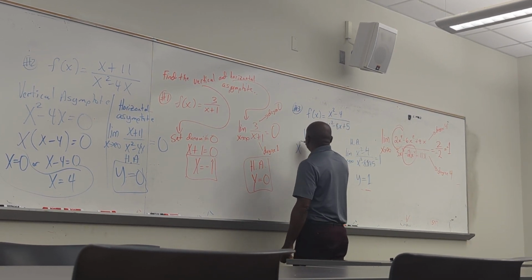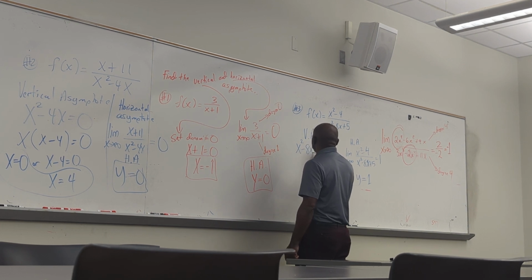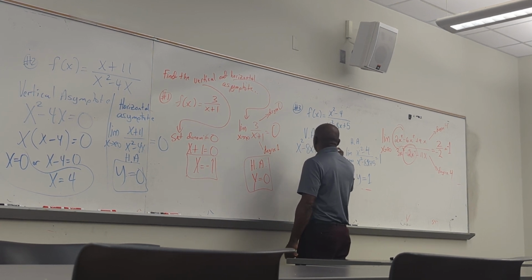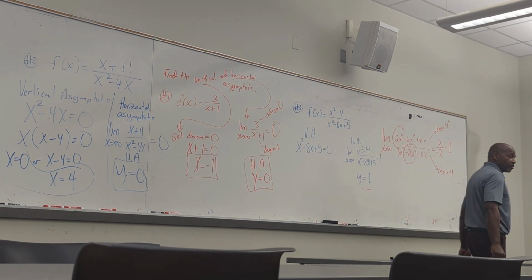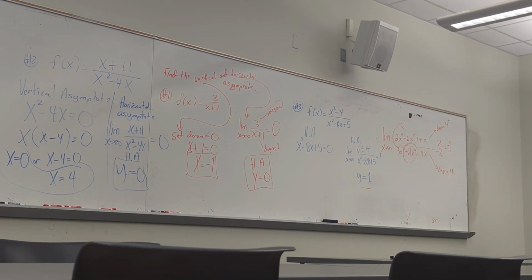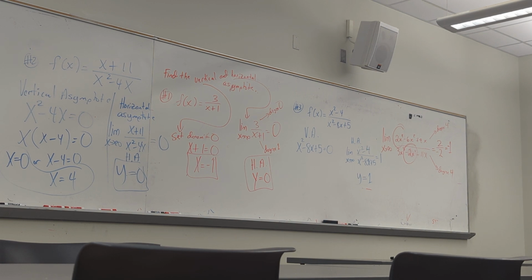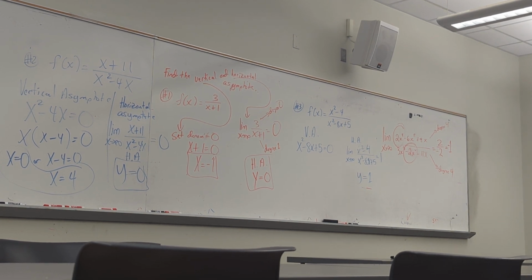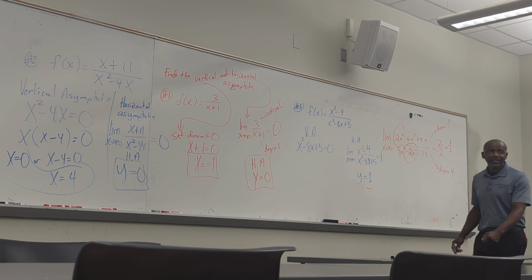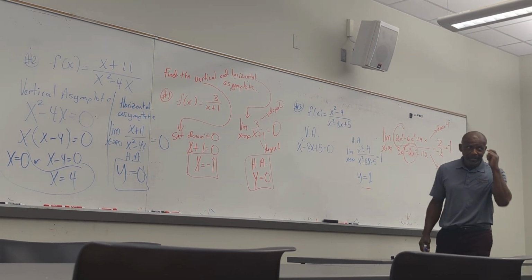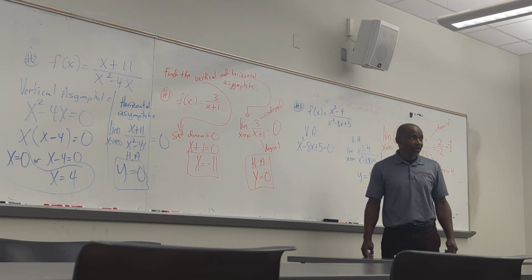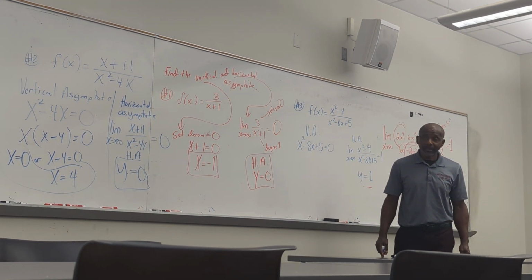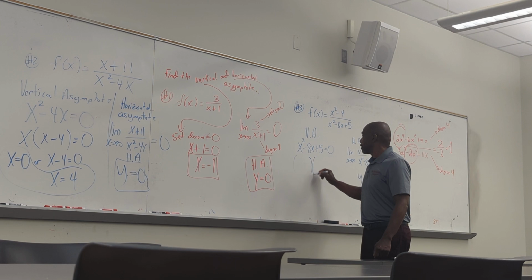That's when we say x squared minus 8x plus 5 equals 0. How are we going to solve this? Subtract 5 from both sides.